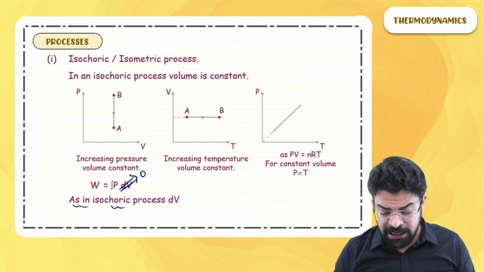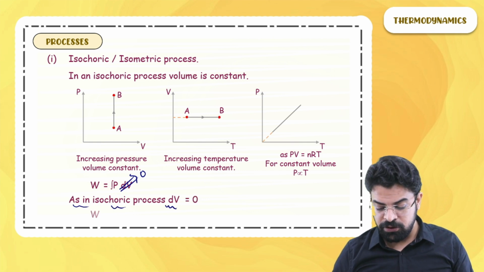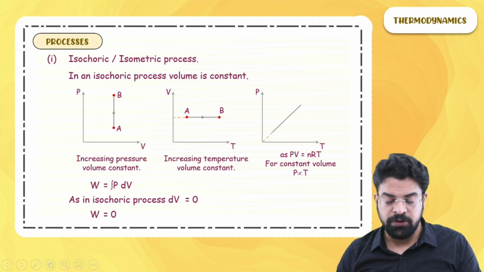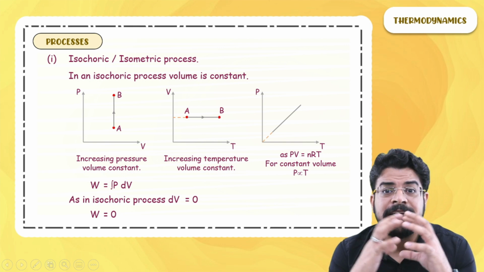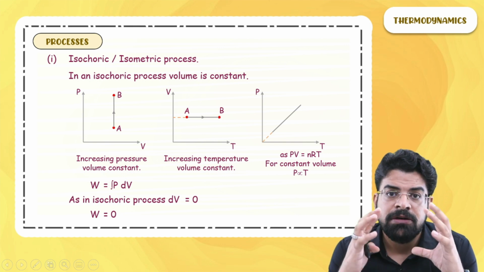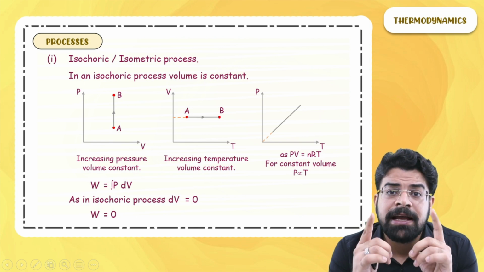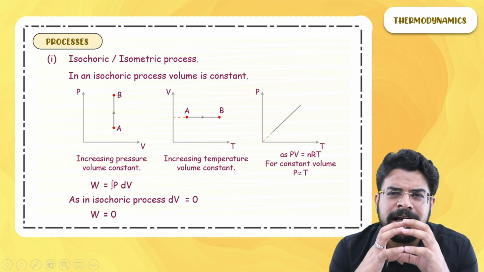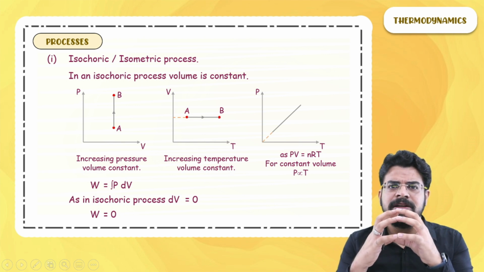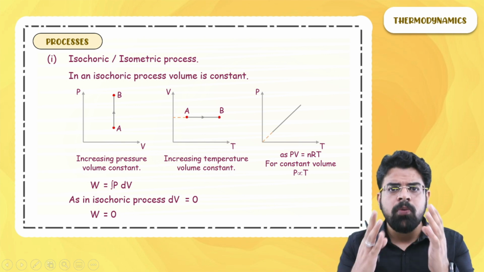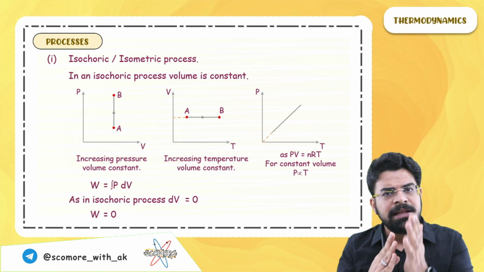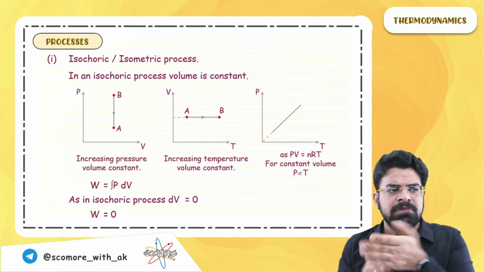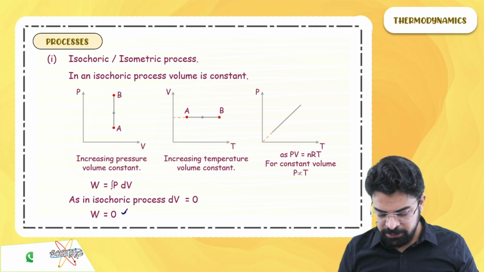When the gas expands, work done by gas is positive; when it contracts, it is negative. If the volume does not change, there is no work being done by the gas, so the work done at constant volume is zero.